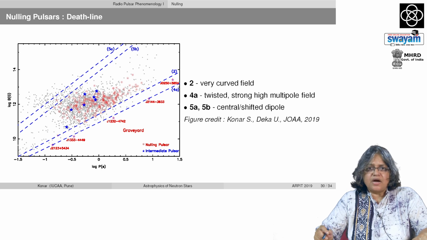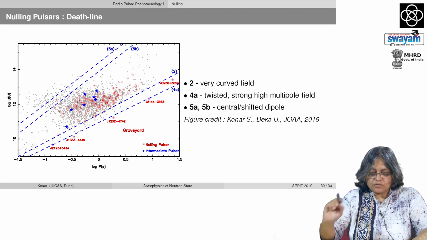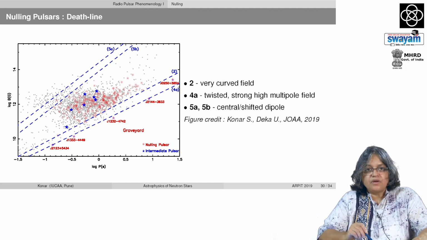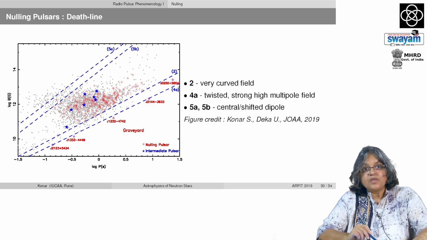Assuming different kinds of magnetic fields, different death lines have been proposed, and what we see, all these red circles here are radio pulsars that are nulling, and all the gray dots are radio pulsars for which we do not have any information whether they are nulling or not. And you will see that most of the nulling pulsars are constrained by one of the death lines, and these blue stars are actually the intermittent nulling pulsars.